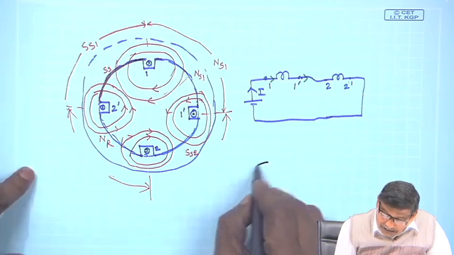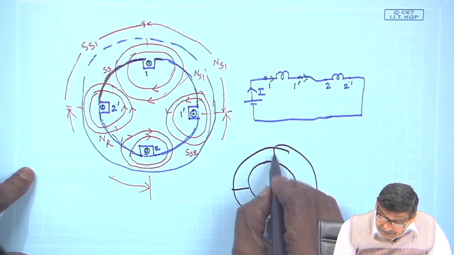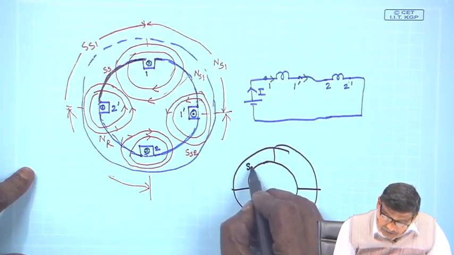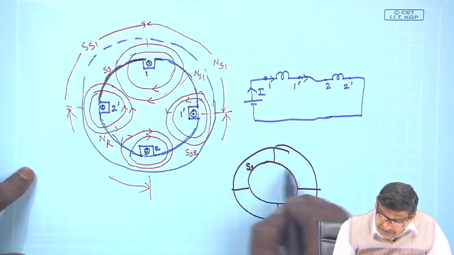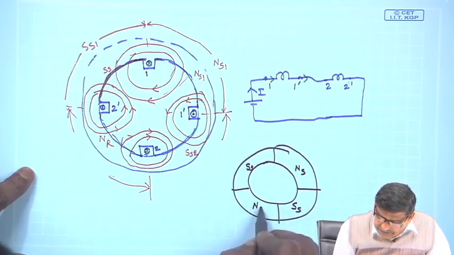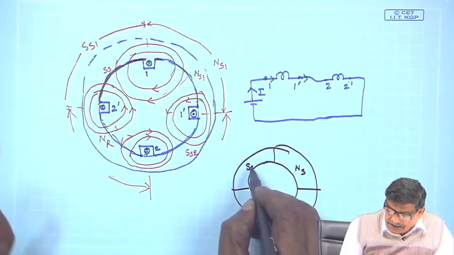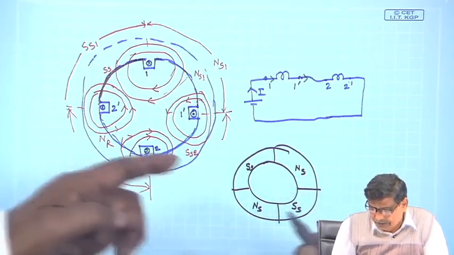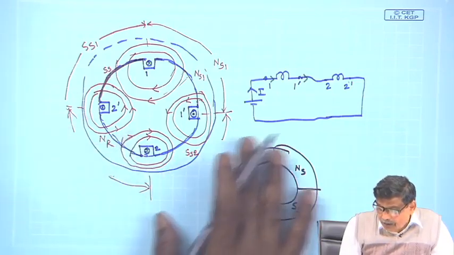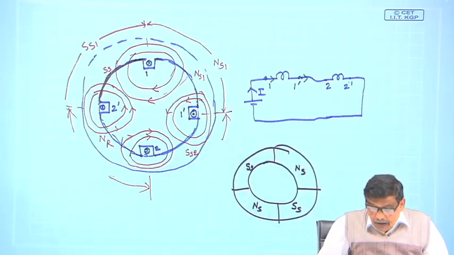So, ultimately what I have done is this: this quarter is your south pole SS, this is NS, once again SS, and this is NS. If you want to distinguish between 1 and 2, you can name SS1, NS1, SS2, NS2, but that will not be necessary. So, this is how I can make a full 4 pole arrangement. Okay.